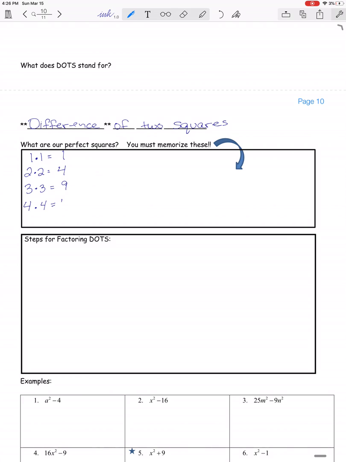So I'm going to write these down. I hope you're writing these down with me on your own worksheet, which you can again find on your Edmodo. We know 6 times 6 is 36. 7 times 7 is 49. 8 times 8 is 64. So we'll probably go up to 12.